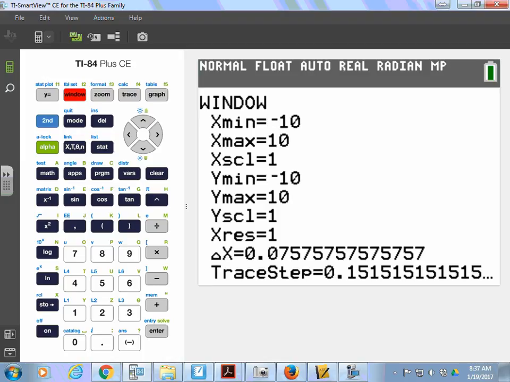Oh, the y max. Okay, the y max has to change, because I need to get it up so I can see both of them. I want my y max to be over 400, so we'll make it 425. Whenever you're graphing a quadratic, if it opens up, your y min should always be below the vertex.